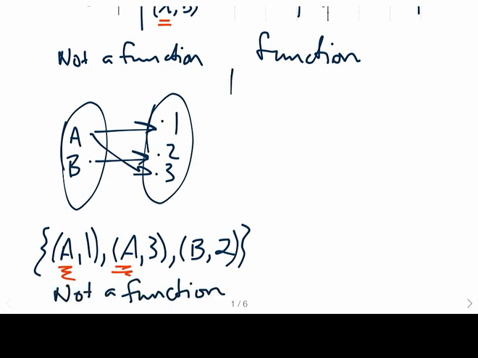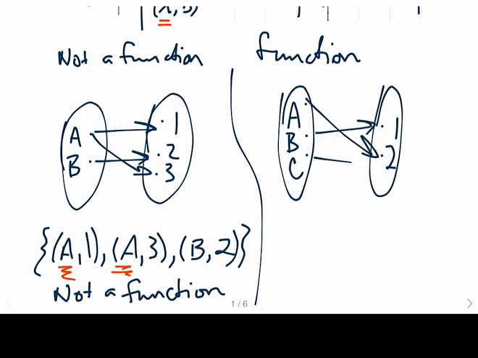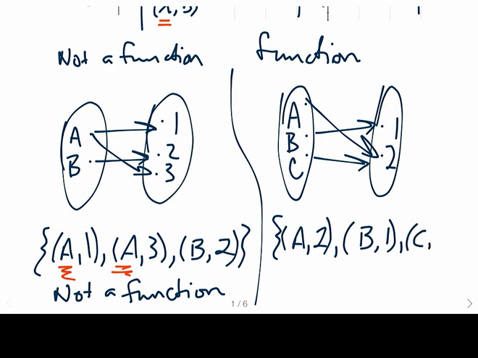That's not allowed to happen in the case of a function, so this is again not a function. Conversely, if we have a set, say A, B, and C, that maps to, let's say, 1 and 2, in such a way that A goes to 2, B goes to 1, and C goes to 2, then when we list this as a set of ordered pairs, we have (A, 2), (B, 1), and (C, 2). We can see that the 2 is repeated, but the 2 is not part of the domain.